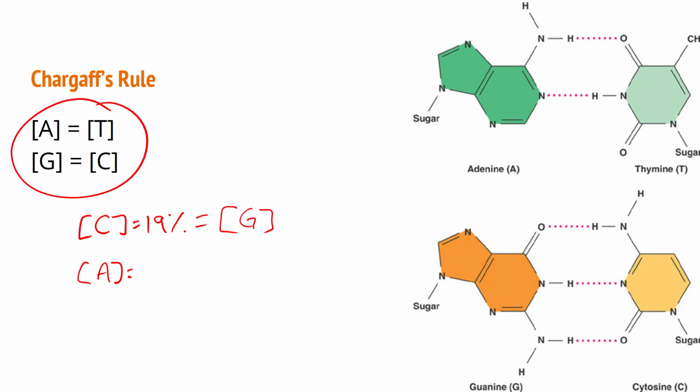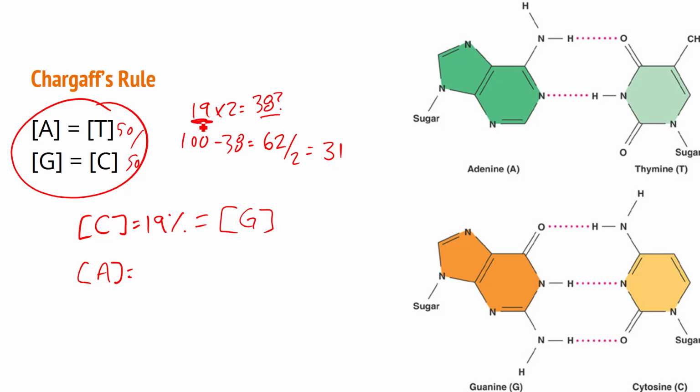Not 50%, because it's not like this is 50 and this is 50. You're close. So you can take 19% and multiply it by 2, because C and G are equal. Then we take 100 minus 38, and divide that by 2. It's probably a horrible way to do it. Did I do my math right? I'm pretty sure it's 38.